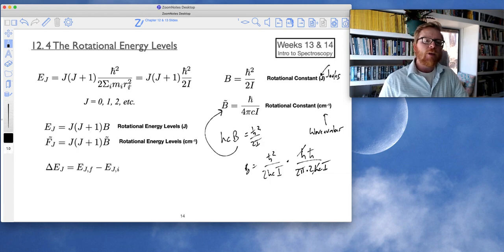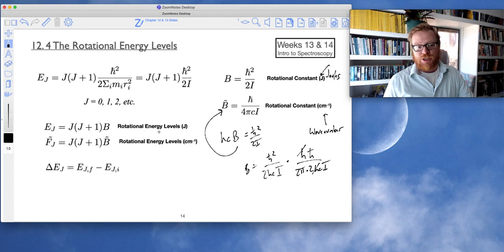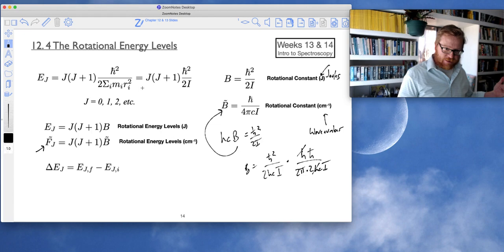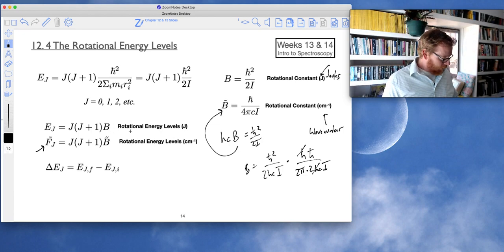Okay. So now if we look at the rotational energy levels in joules, that will be given by J times J plus 1 times B. And we'll use the letter F to denote the rotational energy levels in wave numbers. That will also be J times J plus 1 times B tilde, the rotational constant in wave numbers.